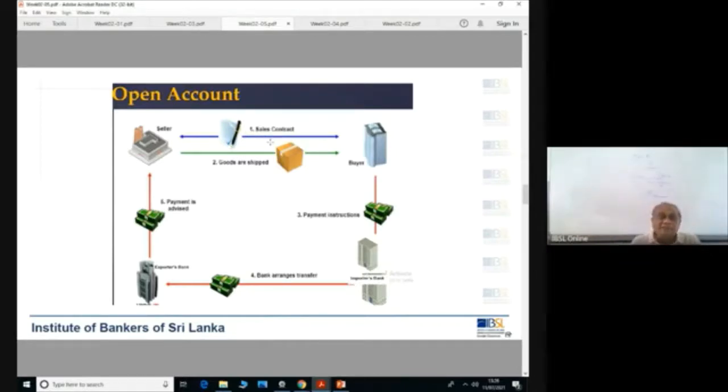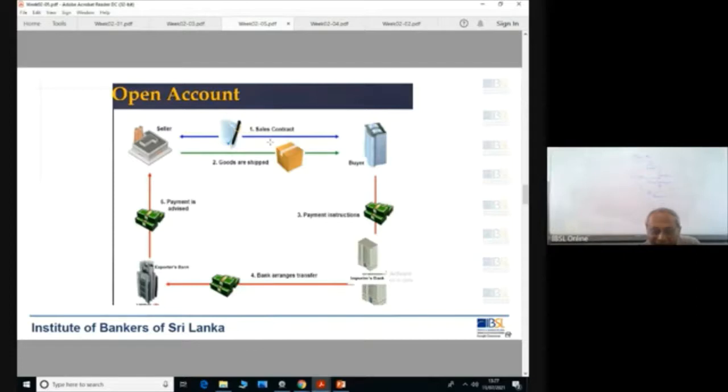First step, between the buyer and the seller, they will have a sales contract, right? And then, based on the sales contract, the seller will ship the goods to the buyer. Either after selling the goods or as per the sales contract, after 1 month or 2 months or 90 days, the buyer will instruct his bank to remit the money to the exporter's bank, right?